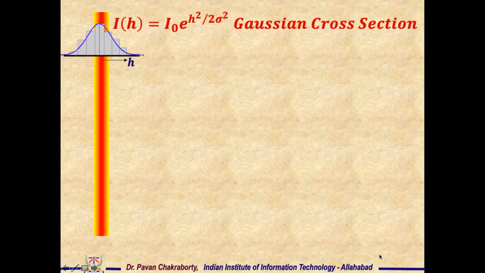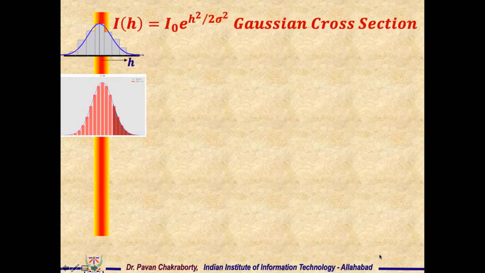A Gaussian cross section is given by I of h is equal to I naught e to the power minus h square upon 2 sigma square, sigma being the spread or the cross section of the curve, where the curve reduces on either side with increasing h value.